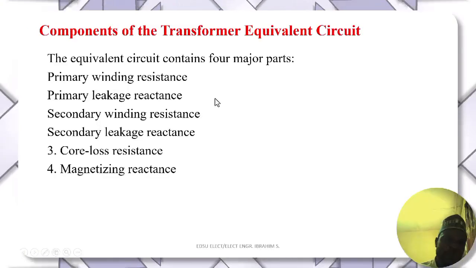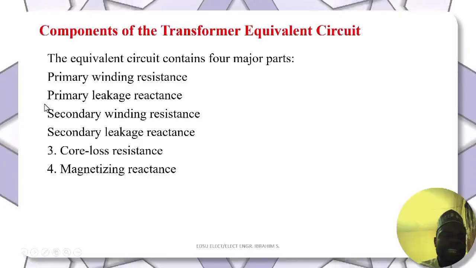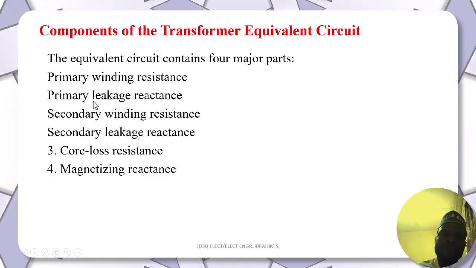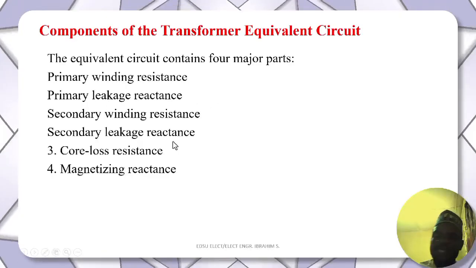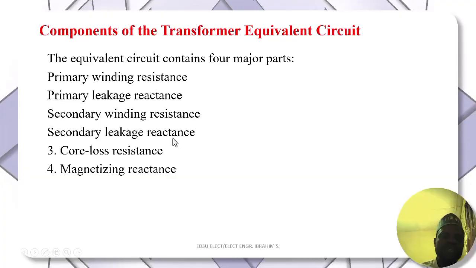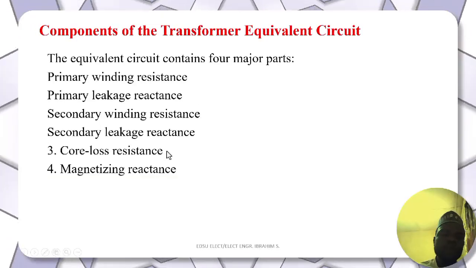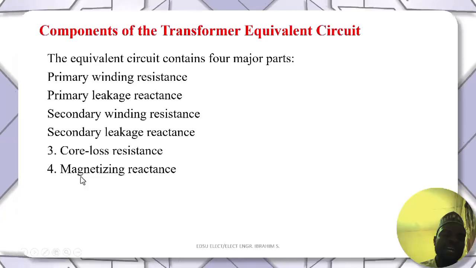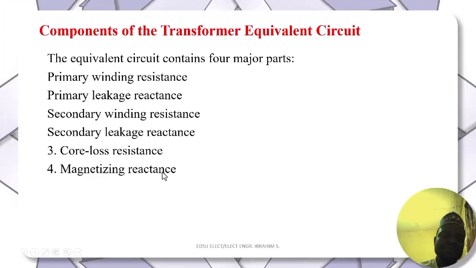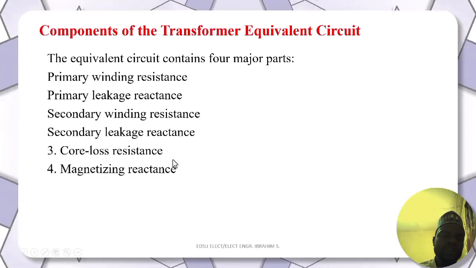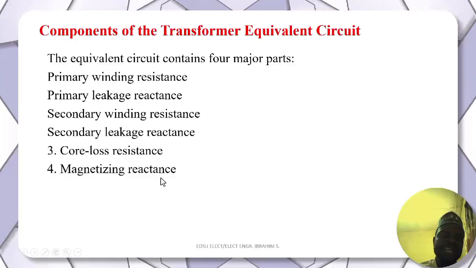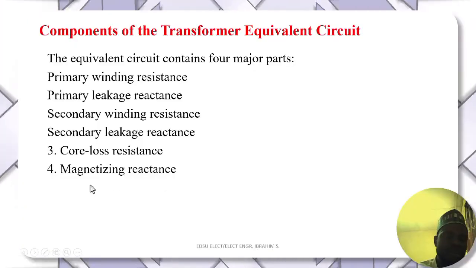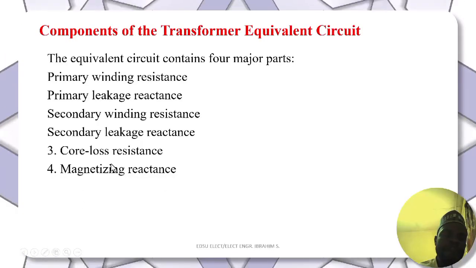Two, you have leakage reactance: the primary leakage reactance and the secondary leakage reactance. Three, you have core loss resistance. And the fourth one is the magnetizing reactance. Don't forget this core loss resistance and magnetizing reactance.